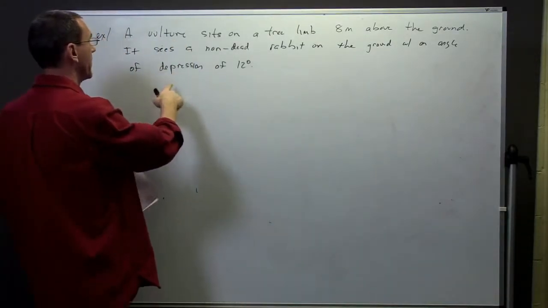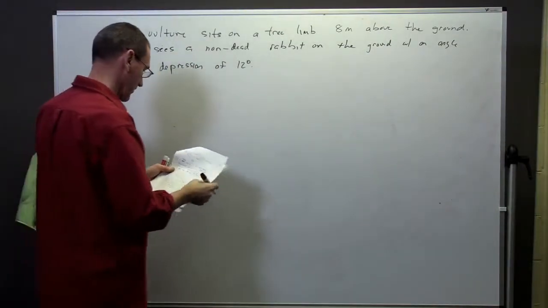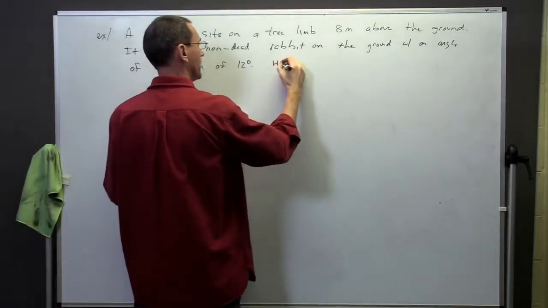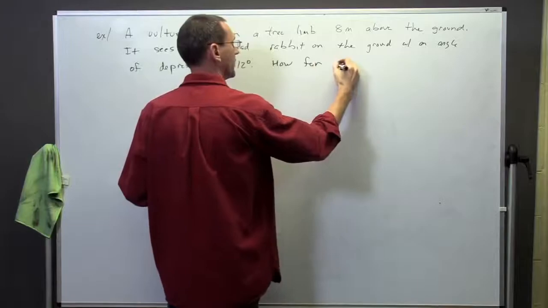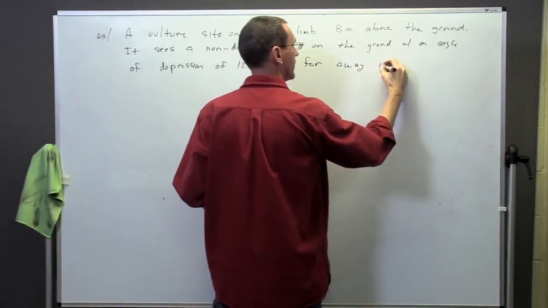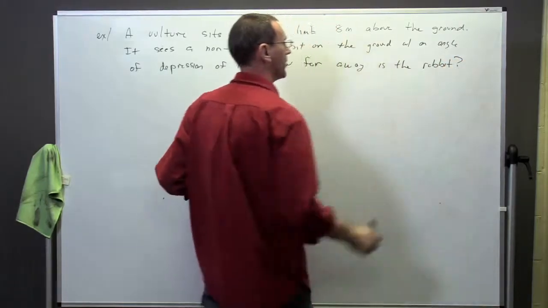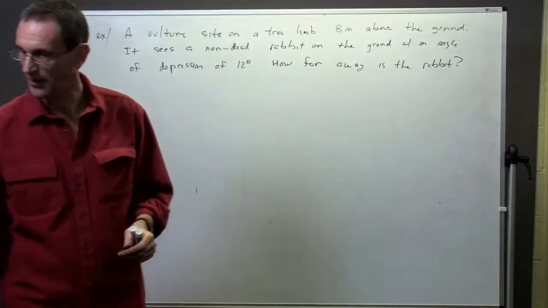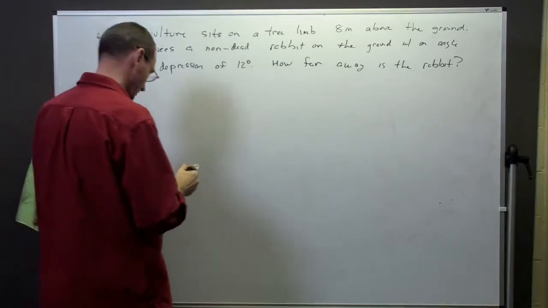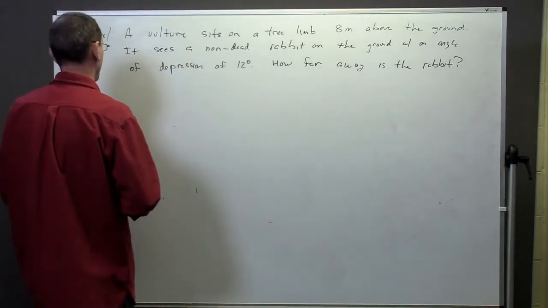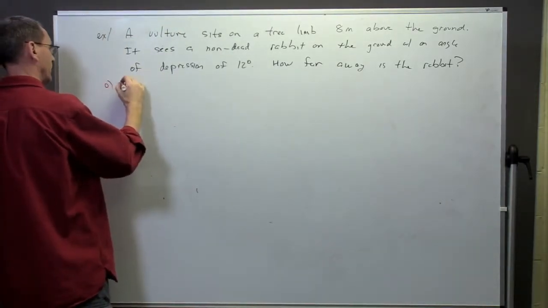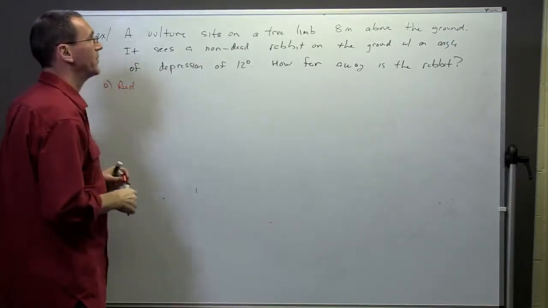Because I said angle of depression, I know that it's looking downward. I want to know how far away the rabbit is. So let's go through our steps. First step is read this.